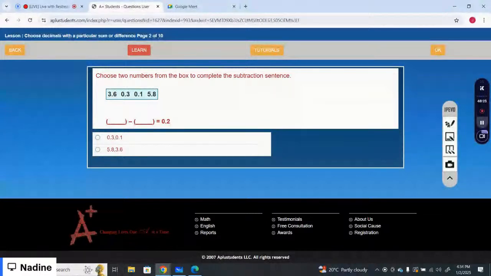That is option number one. 0.3 minus 0.1 is 0.2. Option number one is the correct option.